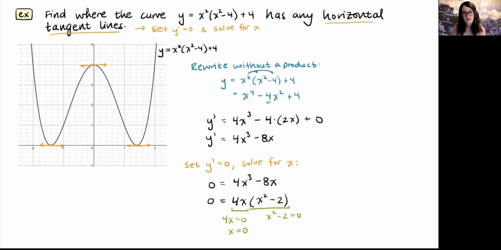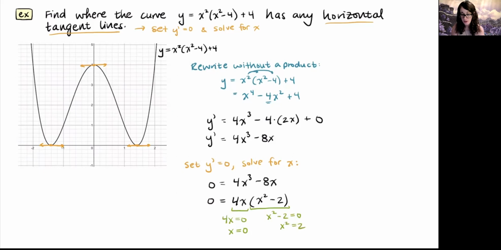Well, here we only have an x in one spot, right? We don't have an x appearing to different degree in a different area. It's just x squared. So when you're trying to solve something like this, here's when you can isolate the x, or in this case, x squared. So if we add the 2 over, we get x squared equals 2.